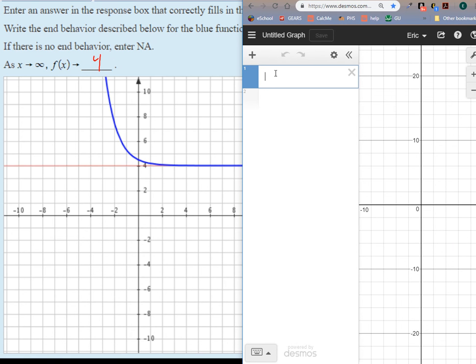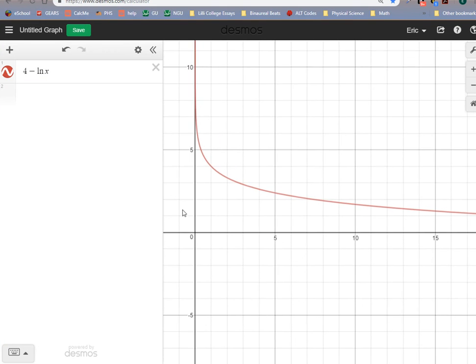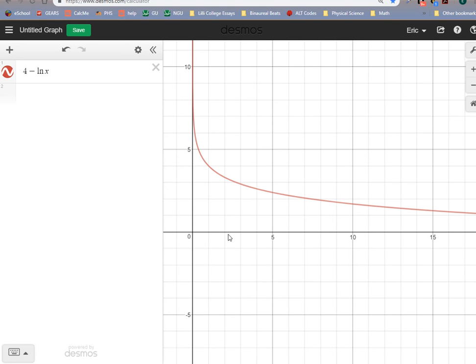Okay, so what if I did something like 4 minus log x? Okay, that looks pretty similar, doesn't it? But guess what the range of that function is? The range, yeah, all reals.